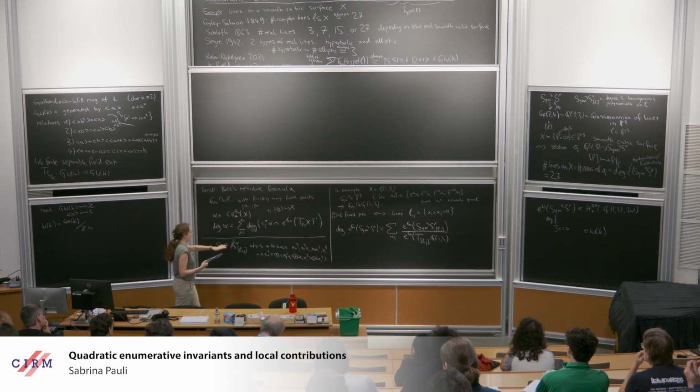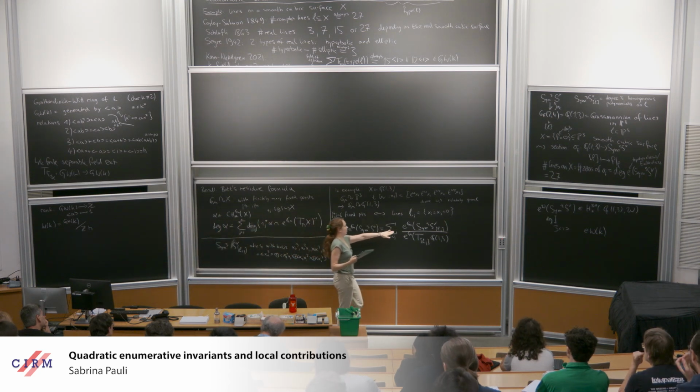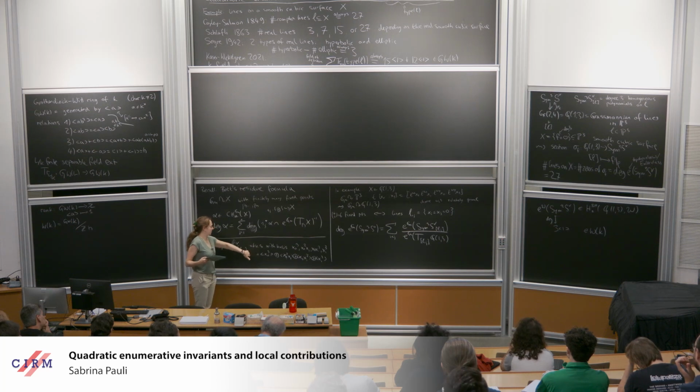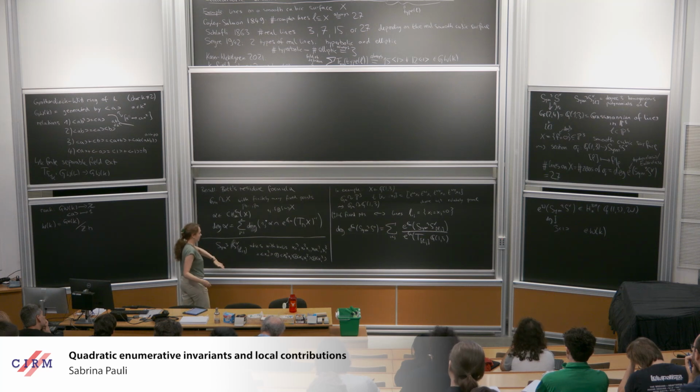And now, how do I compute the equivariant Euler class of this? I do the Borel construction with this and get a vector bundle over the classifying space of G_m, which is just P infinity. But this vector bundle splits up as a sum of line bundles corresponding to these irreducible representations.